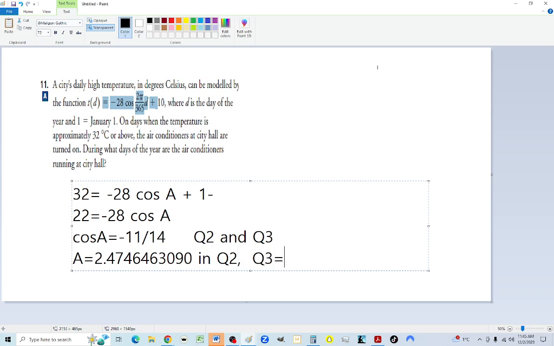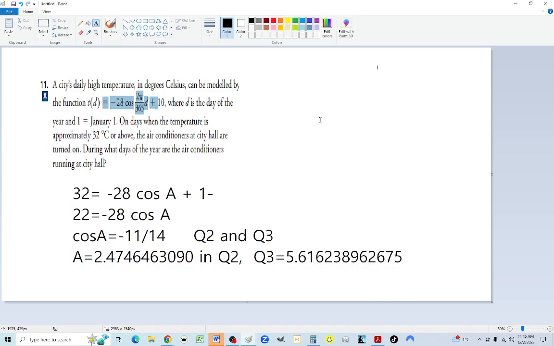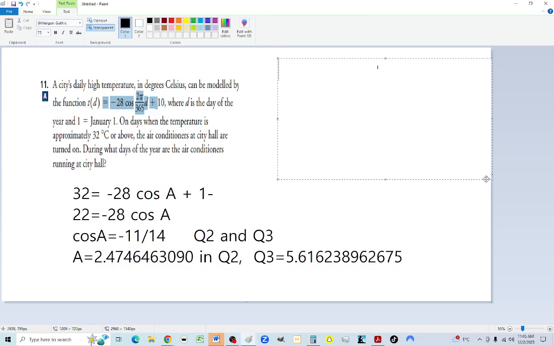And quadrant 3 will be that plus pi. There we go. Let's just work with these. So these are the radians. Now, going to the angle, let's work with this one. 2.4746 is going to be equal to 2 pi over 365 times day. We're going to multiply this by 365 and then divide it by 2 pi.